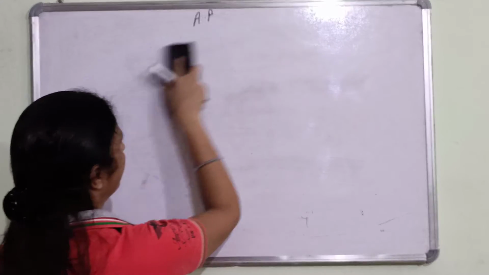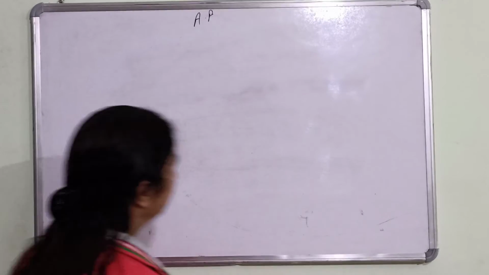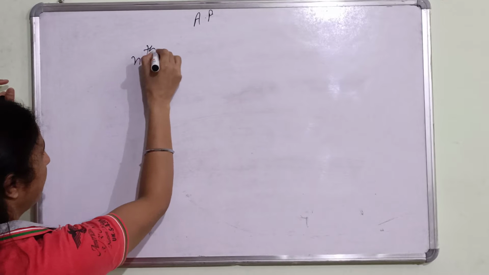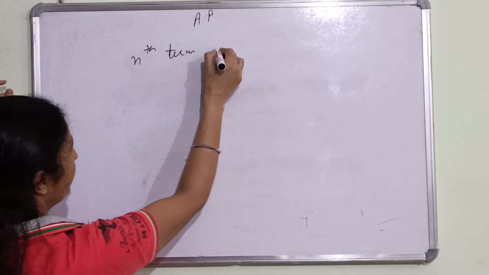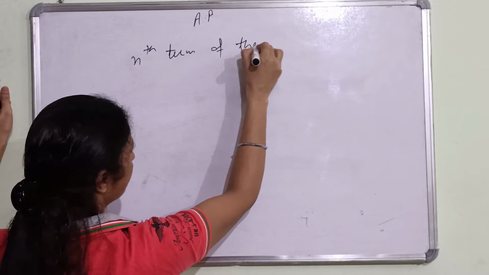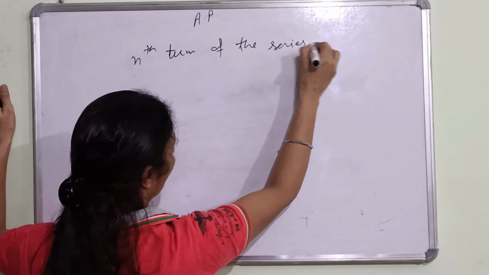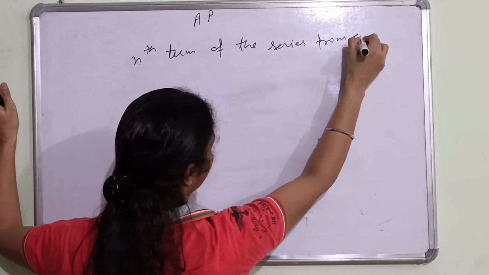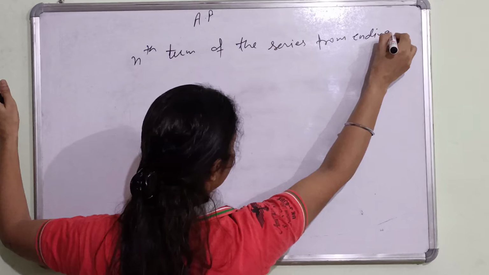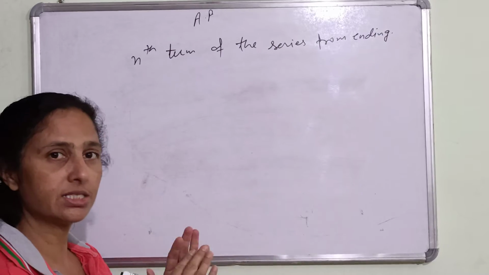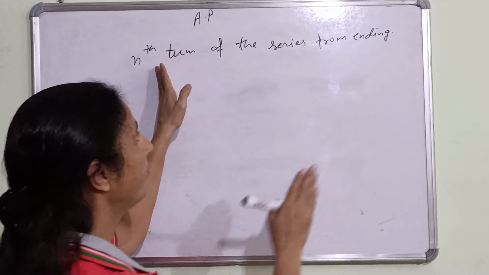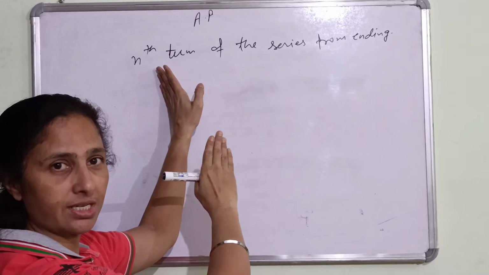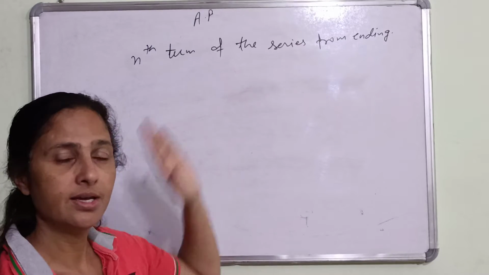Now, the nth term of the series from ending. We have the series and we have to find the nth term from the end, from the back side of the series.